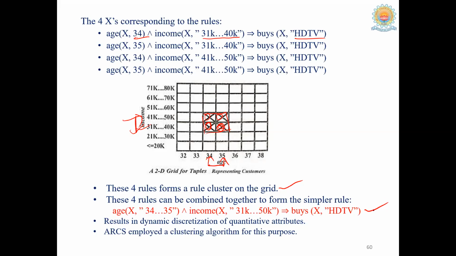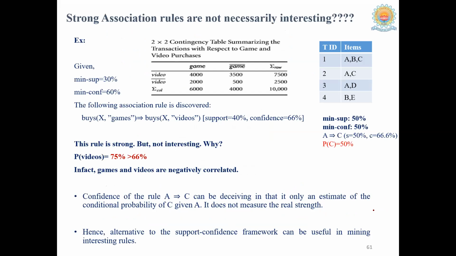For this, ARCS should employ a clustering algorithm, as I said earlier. Here we are gradually moving from association mining into correlation mining. Not all strong association rules which are mined are interesting.